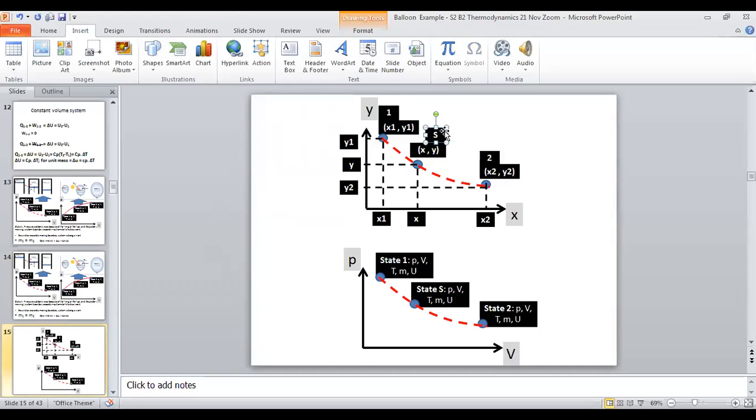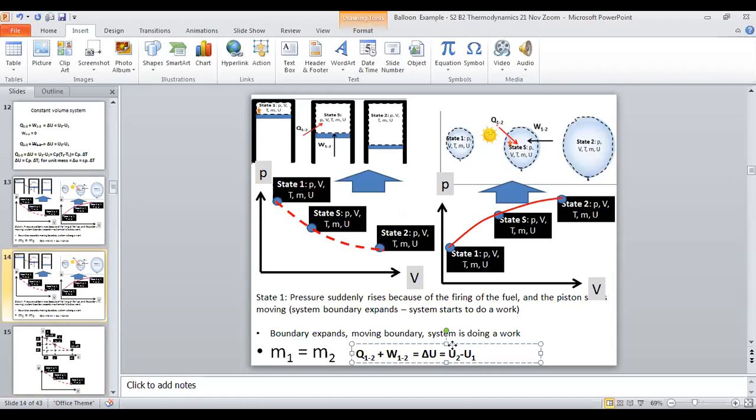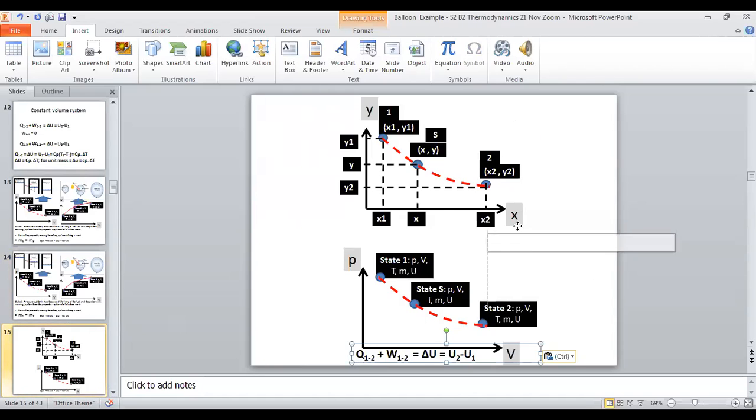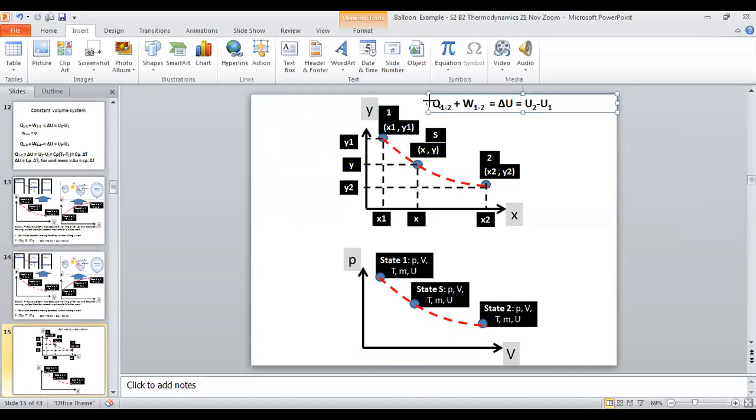So now you should feel a sense that if you talk about anything, let's say 1 to 2, you know the relevancy of the piece of graph here.